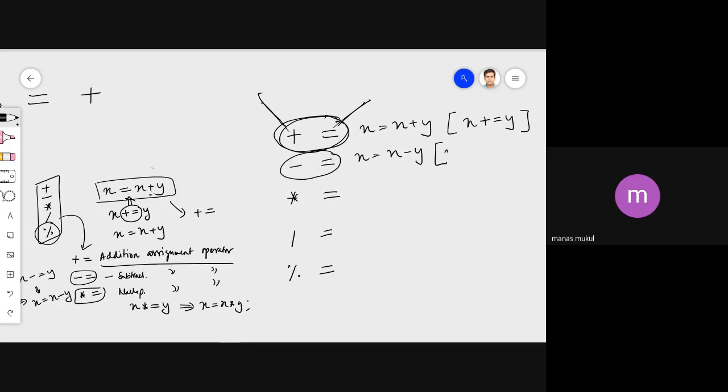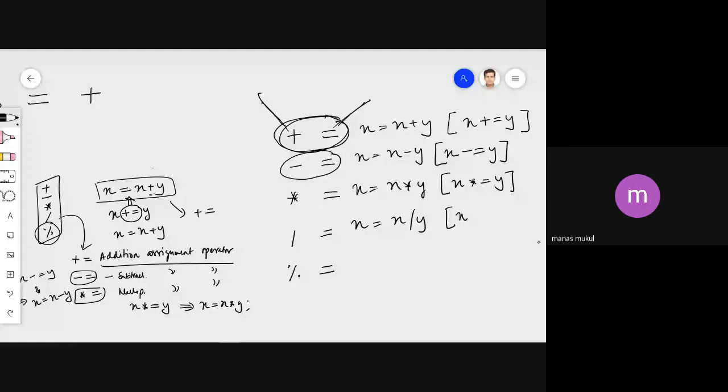Okay, so this means we can write the same expression like this. If you are writing x is equal to x into y, you can write the same thing as x multiplied by equal to y.